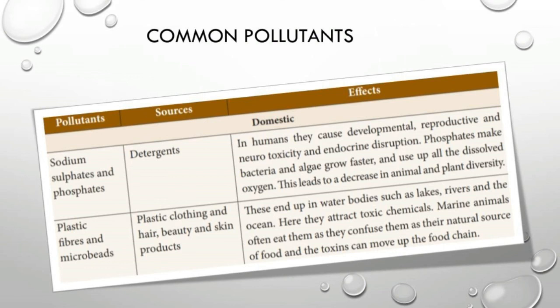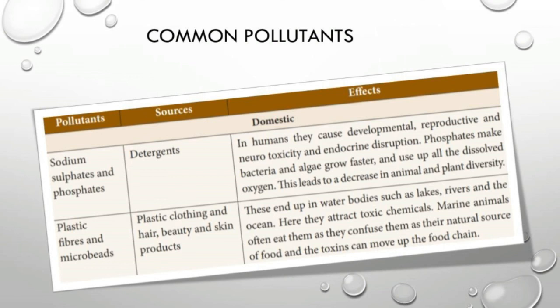Phosphates make bacteria and algae grow faster and use up all the dissolved oxygen. This leads to a decrease in animal and plant diversity. Next, plastic clothing and hair, beauty and skin products. The pollutants inside these are plastic fibers and microbeads.